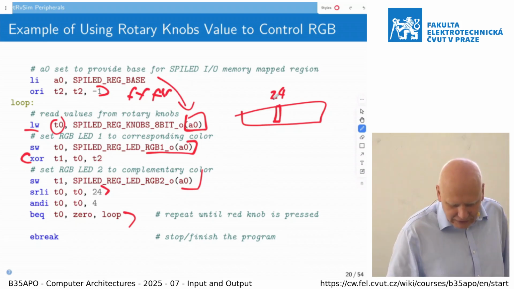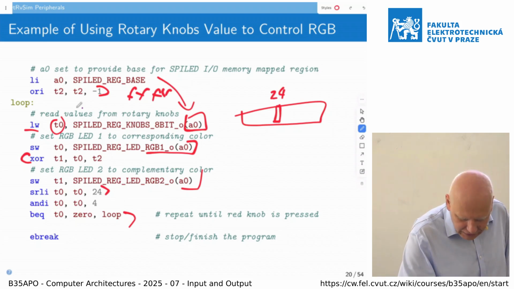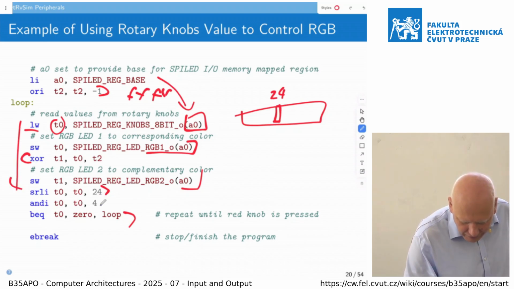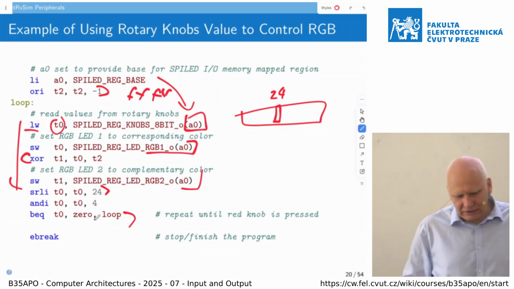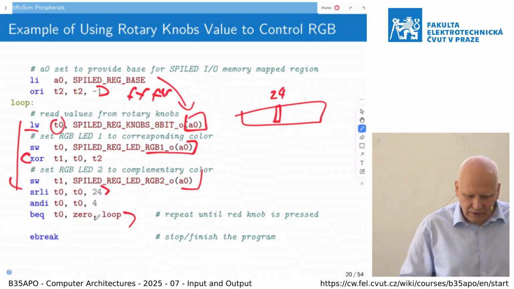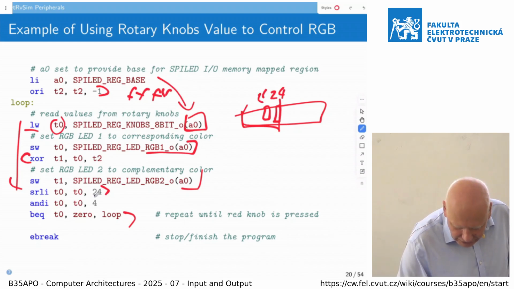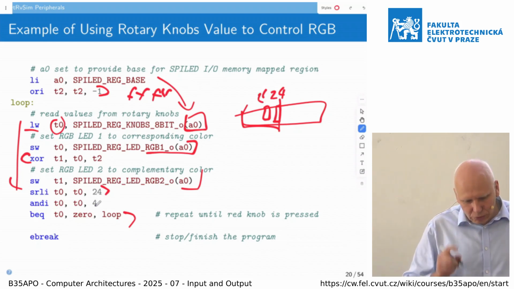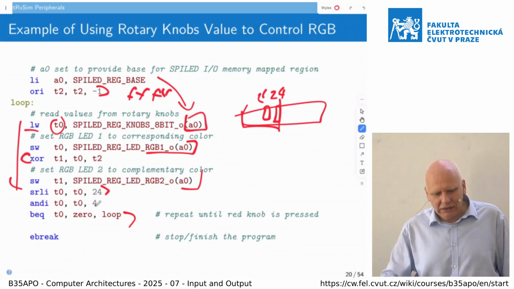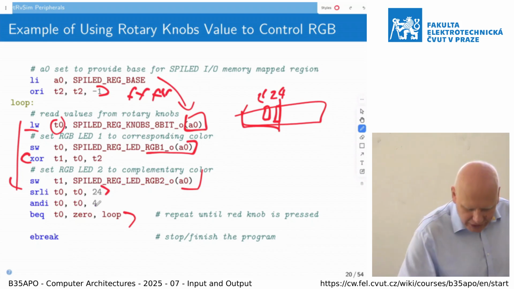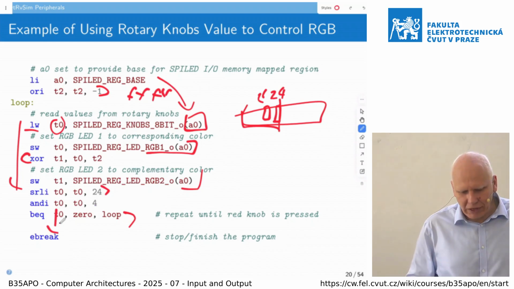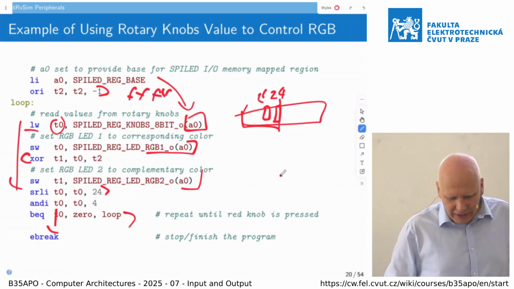So if we press the red button, then when the execution gets there, we find that the given bit is set, and RGB is in fact 24 plus 2, which is 26, because we tested against bit number 2. And if it is set, then we know that the red button has been pressed, and we finish the program with the ebreak operation.